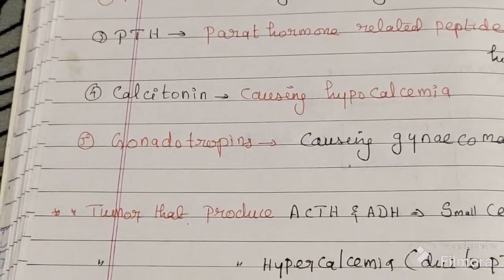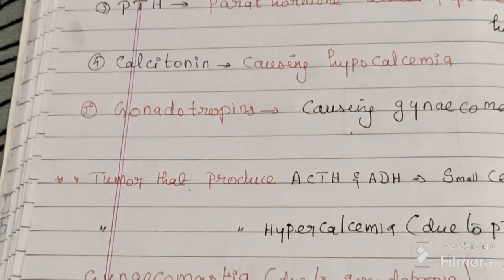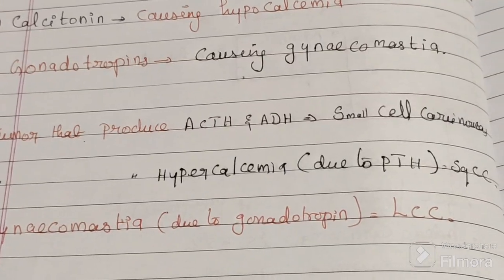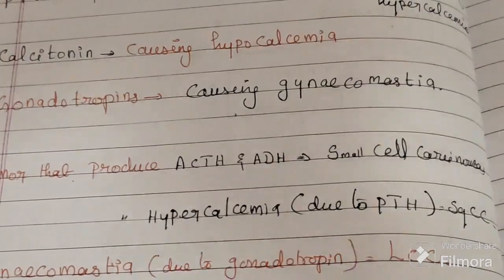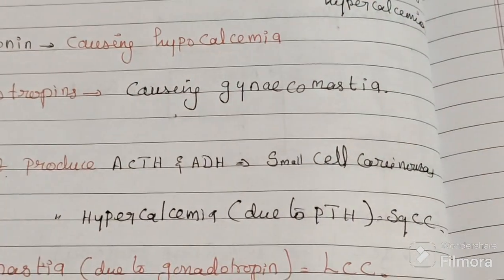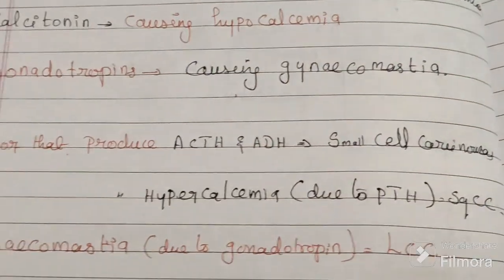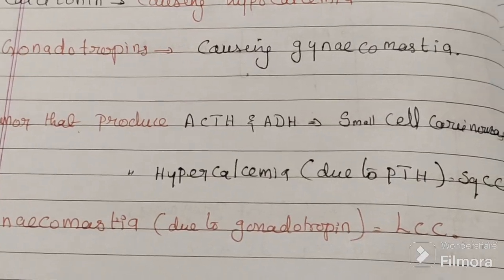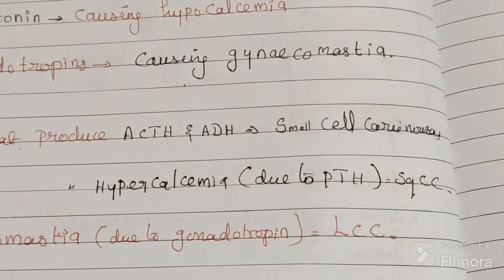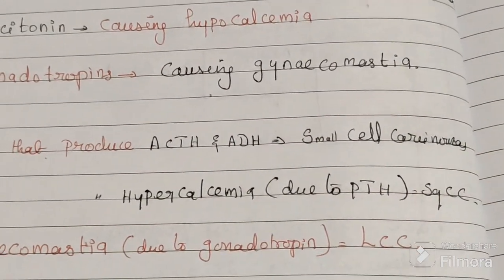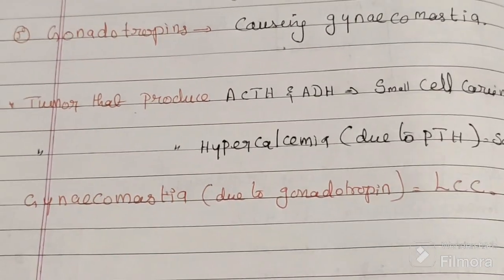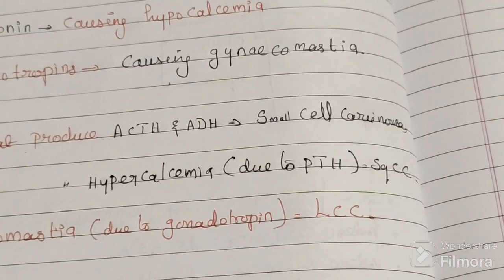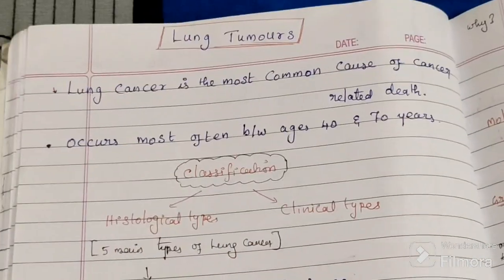So now the question is, which one secretes which hormone? Tumor that produces ACTH and ADH is small cell carcinoma. Tumor that produces hypercalcemia is squamous cell carcinoma. Gynecomastia is large cell carcinoma.